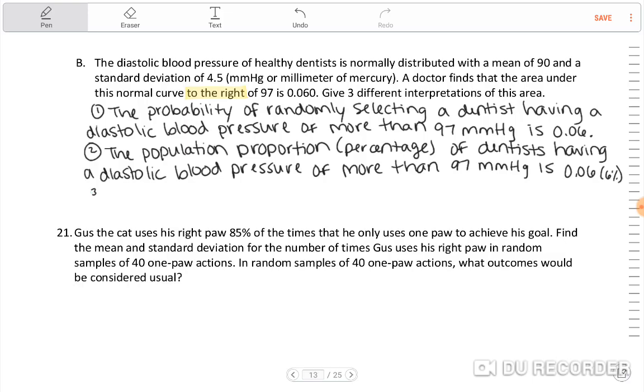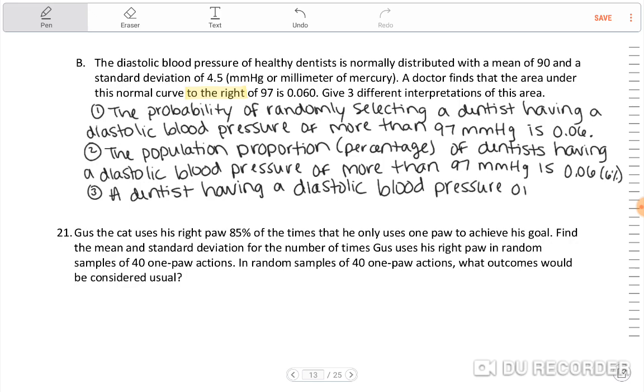Then the third, of course, you give percentiles. This time we're saying that 6% are higher, and so what that means is that a dentist having a diastolic blood pressure of 97 is at the 94th percentile.